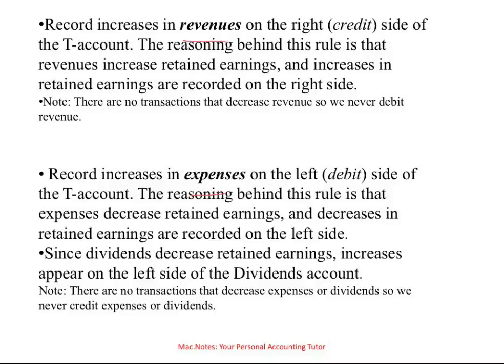Now, most transactions are revenue and expense transactions. These are very easy because a revenue account only increases on the right-hand side. You would never have any transaction where you lose revenue or there's a revenue decrease. By the same token, expenses decrease shareholders' equity, and a decrease in shareholders' equity is on the debit side, so all expenses are recorded on the debit side.